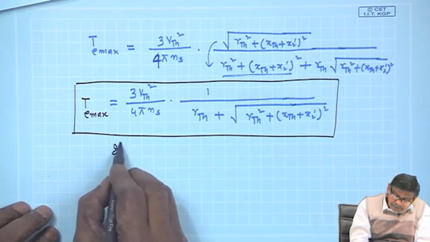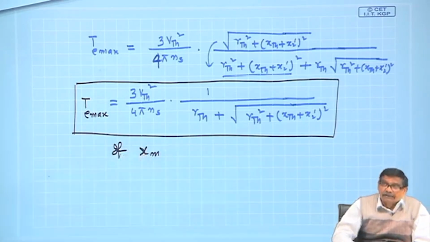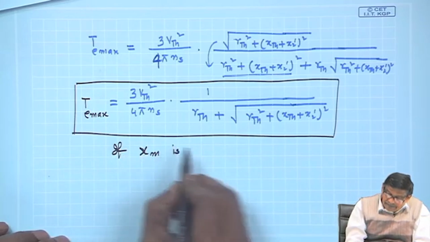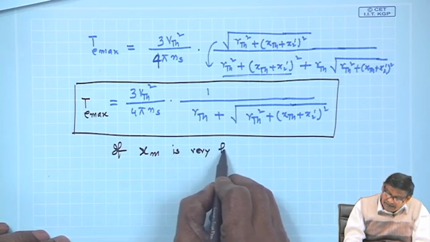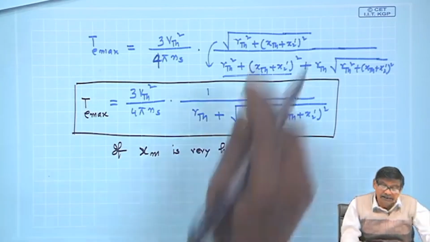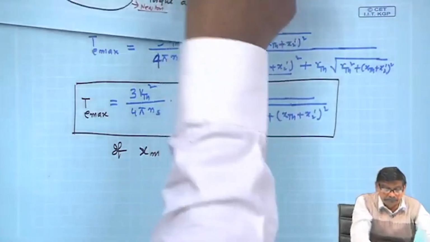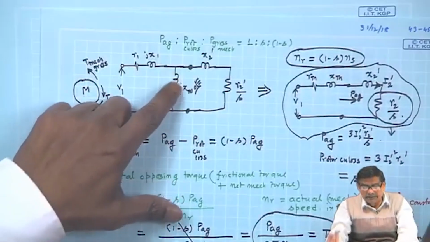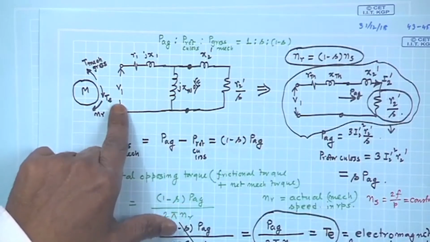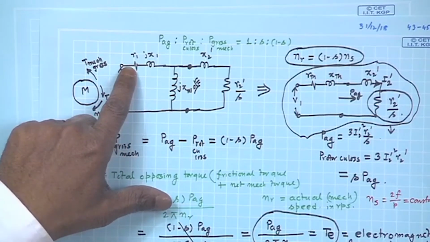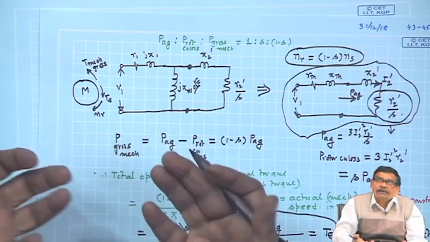If x m is not neglected, if x m is high, very high, so that in the equivalent circuit x m comes in parallel, this x m then can be treated as open circuit, and then of course, your V Thevenins will be equal to V 1, your R Thevenins will be equal to R 1 and x 1, and it is already in that Thevenin's equivalent form.